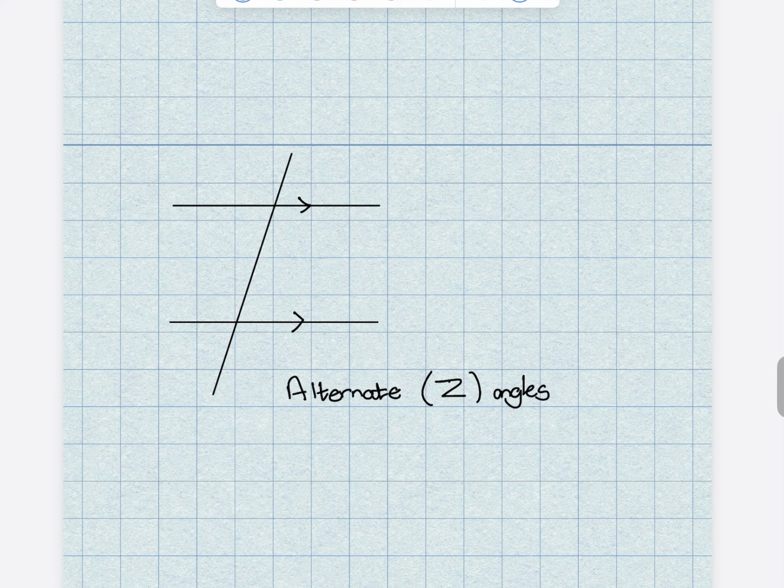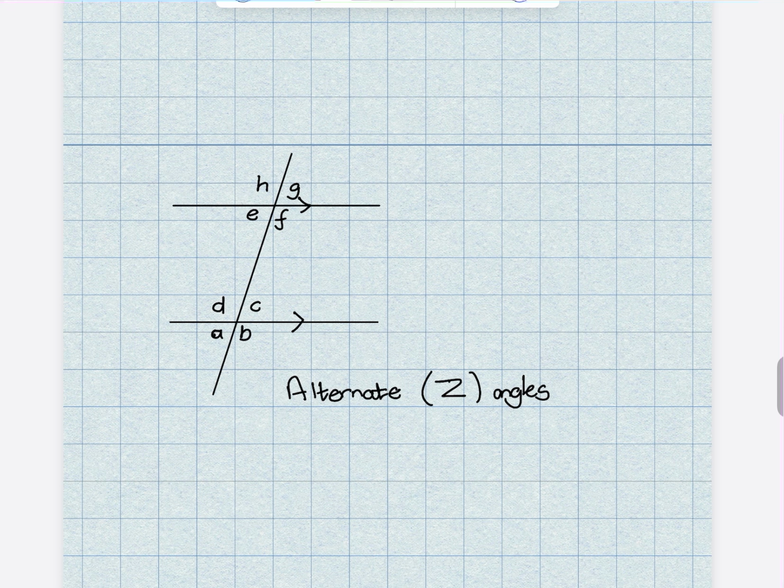So with alternate angles, let me name my angles A, B, C, D, E, F, G, H. So on the same diagram, we're going to indicate which angles are alternate, which angles are forming a Z, in short. The thing with alternate angles is they're alternate. If the other one is on the left hand side, the other one will be on the right hand side. But the other one will be concentrating on the line on top, the other one will be concentrating on the line below.